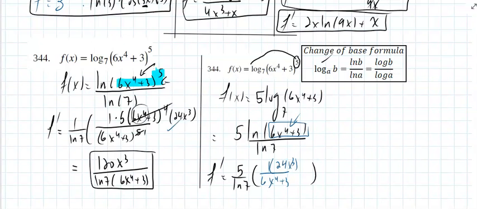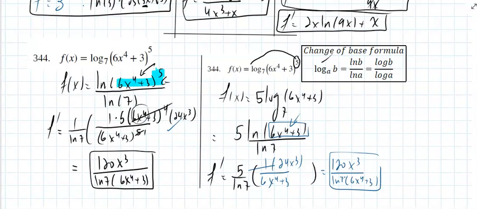And of course, the answer would be the same. That would be 5 times 24. Let me clean that up just a bit. 5 times 24 is 120x cubed divided by natural log of 7 times 6x to the 4th plus 3.